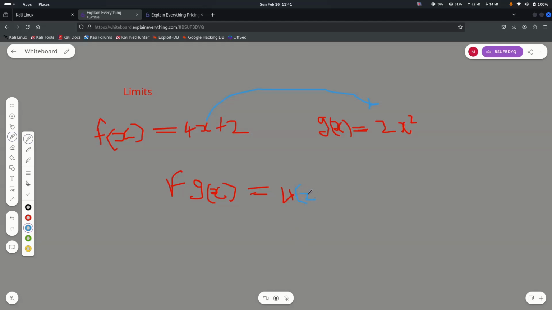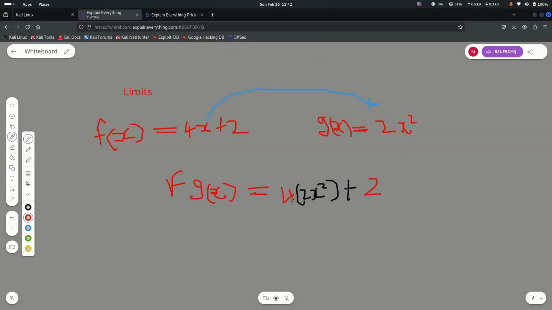4 multiplied by 2x squared plus 2. Meaning we have to simplify this.